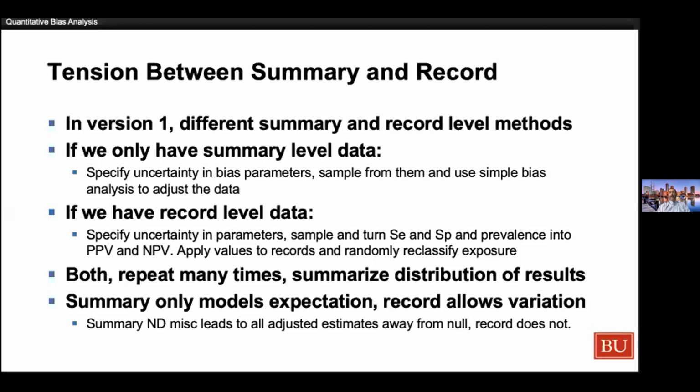Record level allows that variation that we saw earlier, in which even when the expectation is towards the null, I can get some values in which the bias is away from the null. So record level seems to have an advantage in that it better approximates the entire uncertainty, but I can only do it when I have my own data. It's also computationally really intensive.